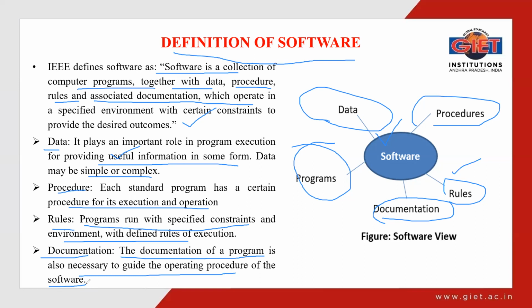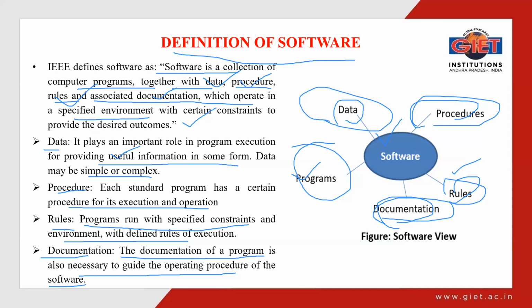So software is not only a collection of programs. As mentioned here, it is a collection of programs together with the data, procedures, rules, and documentation. If you want to know the definition of software, you need to know about all these items. Now we have a clear-cut definition for software: a collection of programs together with the data, procedures, rules, and associated documentation, which operate in a specified environment.